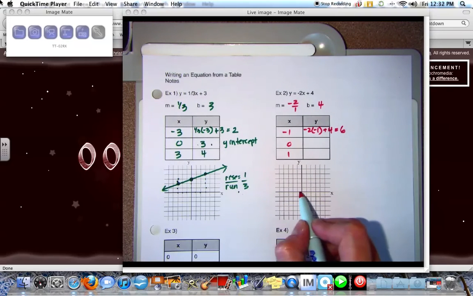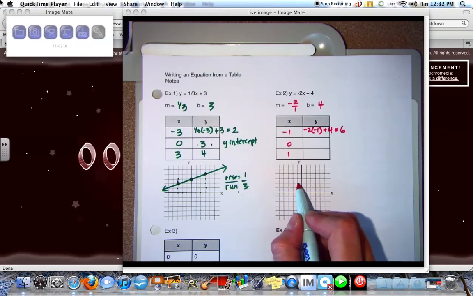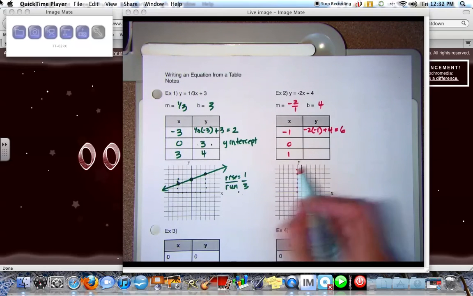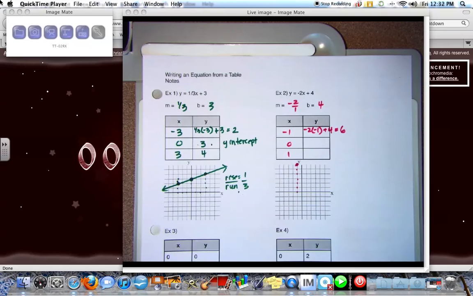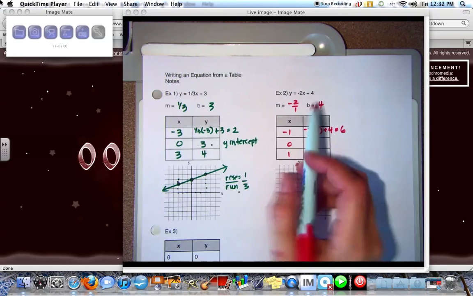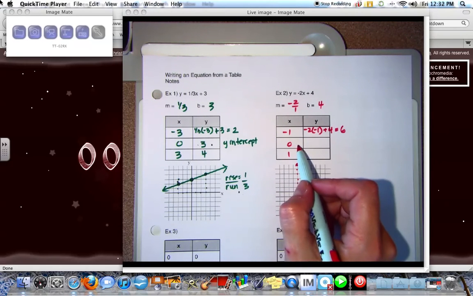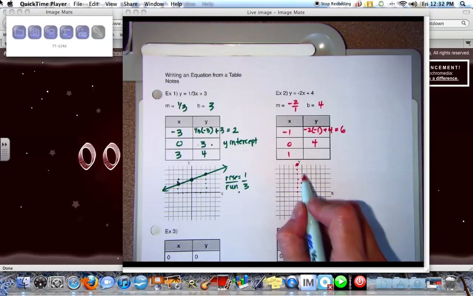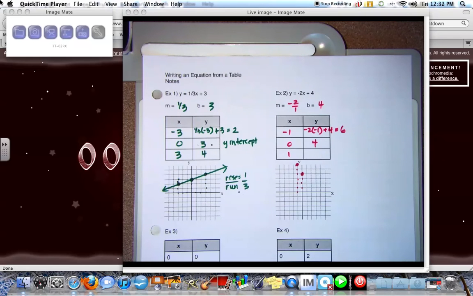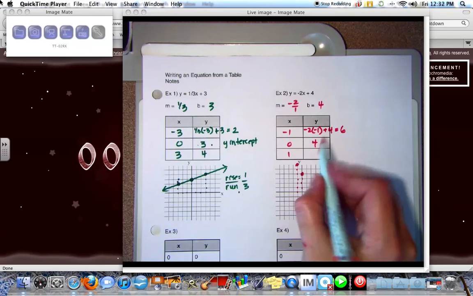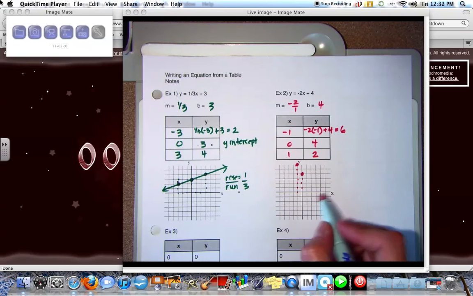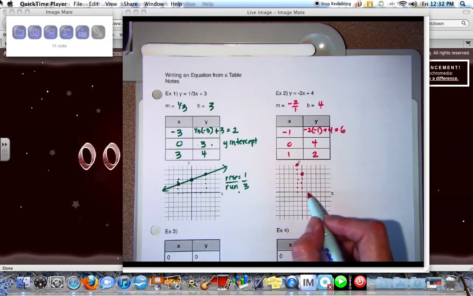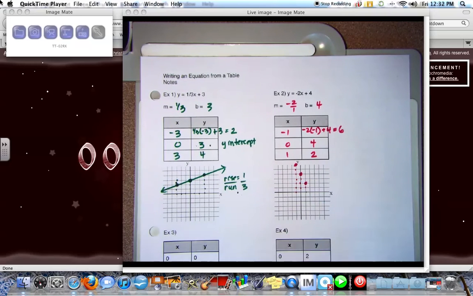So my first ordered pair is -1 and 6. -2 times 0 is 0, plus 4 is 4. -2 times 1 is negative 2, plus 4 is 2. So we have 1 and 2. Do we have a straight line? Yep.